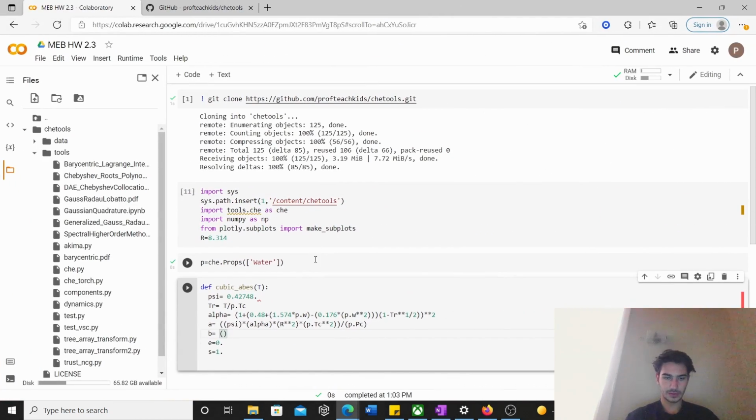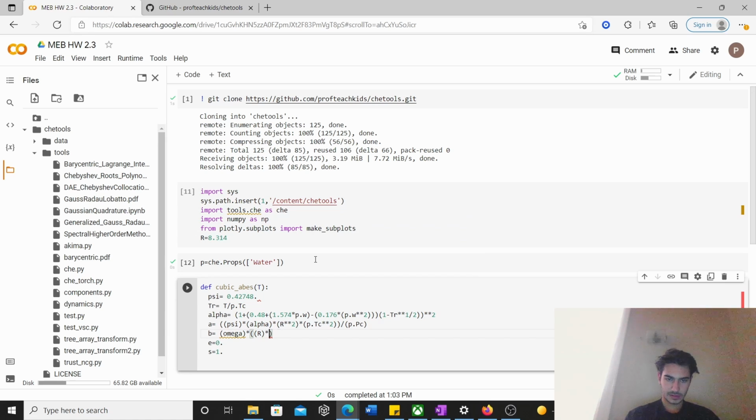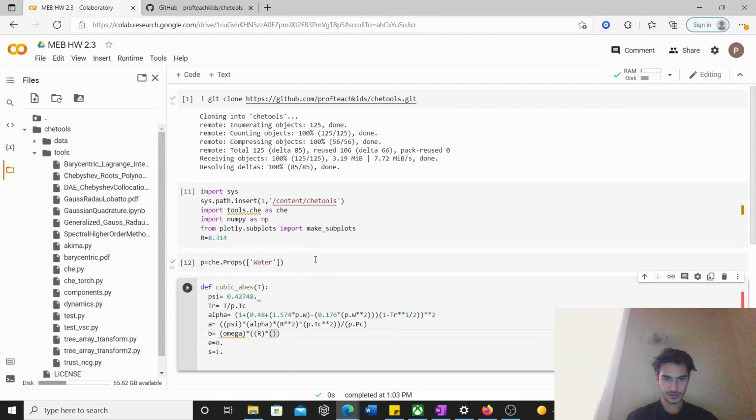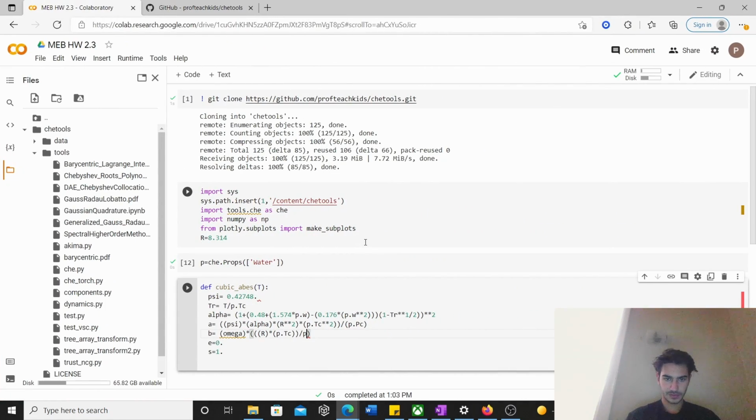B is equal to omega times this whole thing of the gas constant R times the critical temperature, which is just P dot Tc, and both of those are being divided by the pressure at the critical point, which is P dot Pc.